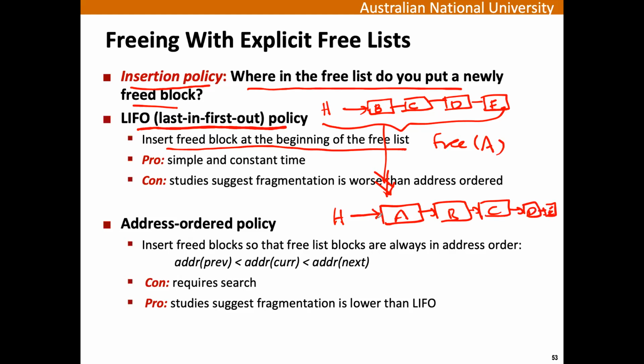But look, when there is a malloc request now, and if A can fulfill the request, I'm going to use A to satisfy it. So A was the last one to enter the free list, and it's the first one to go out. Last in, first out.